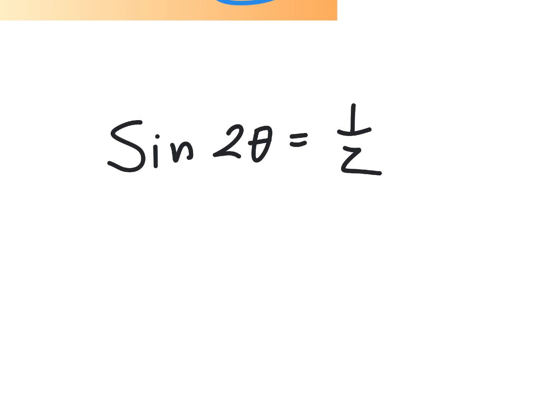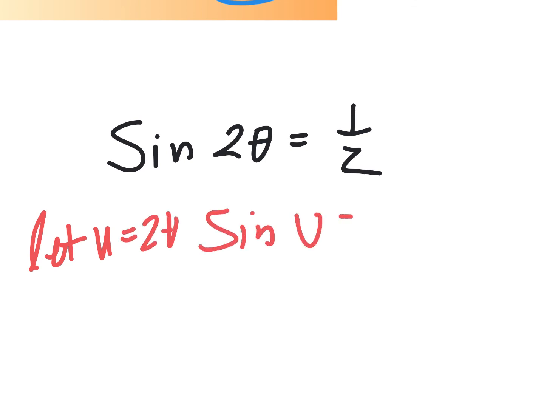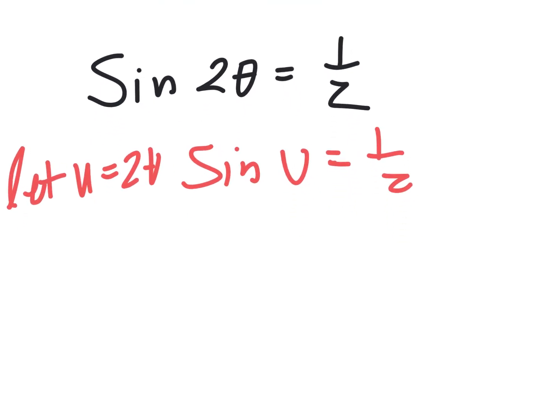Act like I just said regular theta, okay? So technically what you're doing is you're letting u equal 2 theta, and then you're doing sine of u is equal to 1/2. And you'll get two answers for it because this is not an inverse trig question. They could make it an inverse trig question, but they're not. Get your two answers and try to finish it properly.